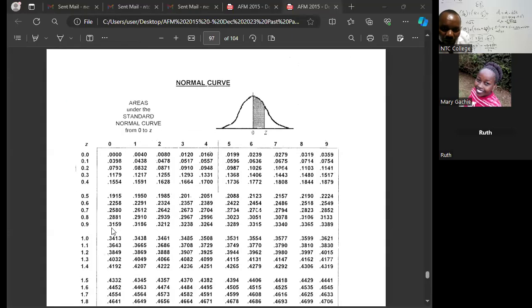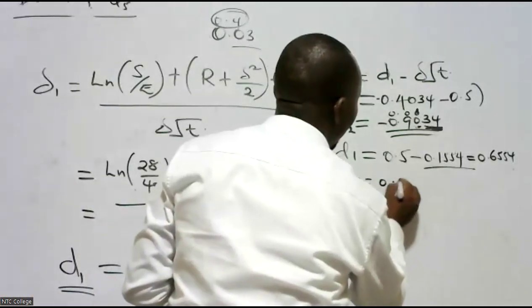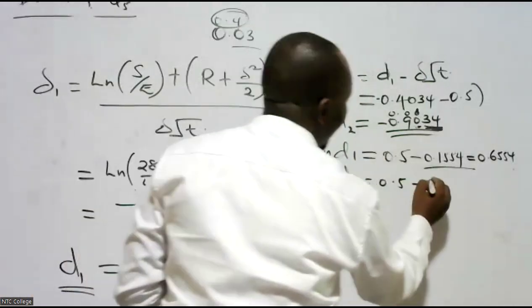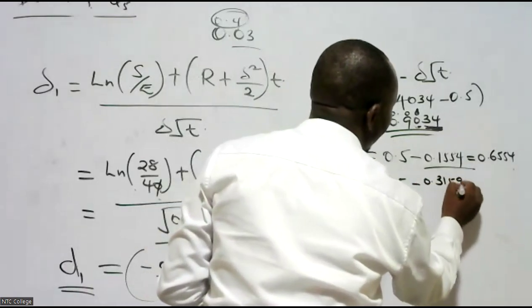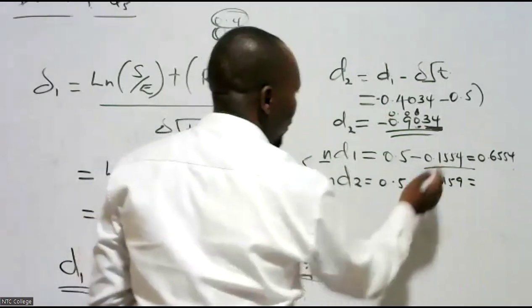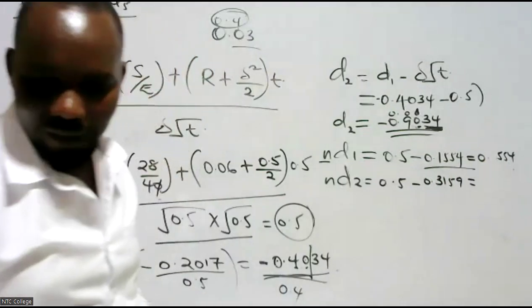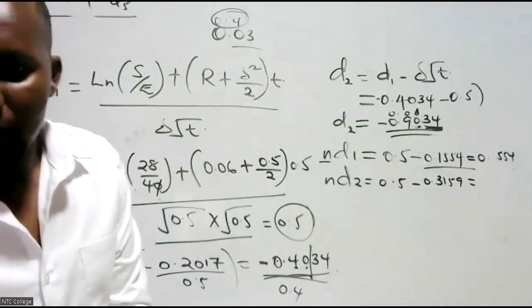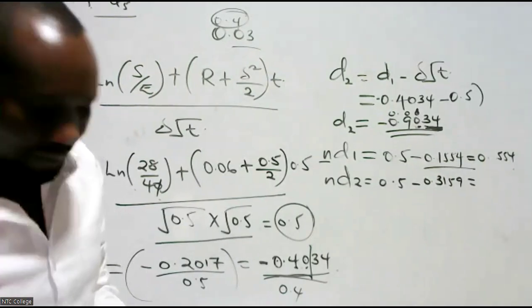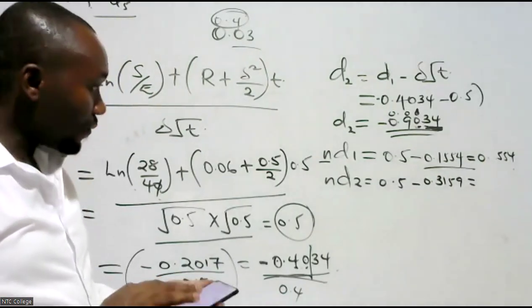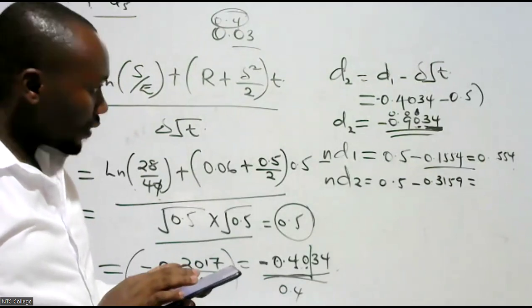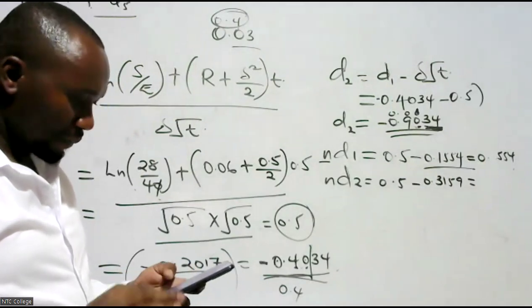You come to the table that they have given you, 0.9, this one, 3159. So you add it there. So you have 0.5 minus, because it's also negative, 0.3159. If you minus, what do you get? 0.5 minus 0.1554.